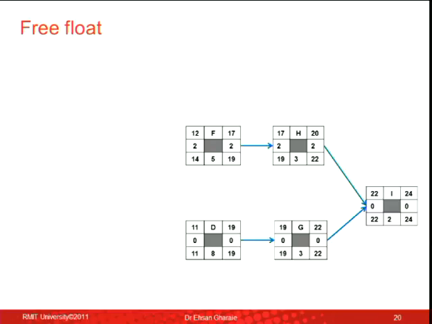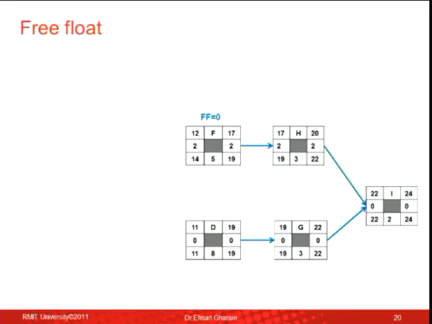Free float is about an activity and the activities afterward. It's about the relationship between activities. You get it? So as you can see, activity H was delayed once, nothing happened to activity I. It can be delayed twice and nothing happens to activity I.